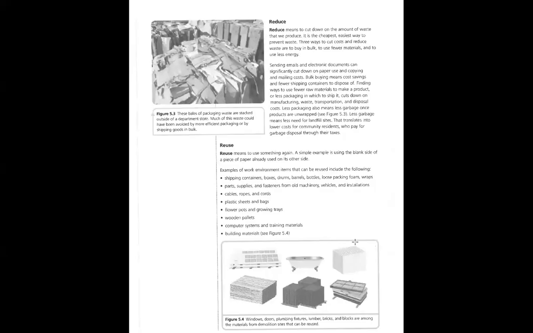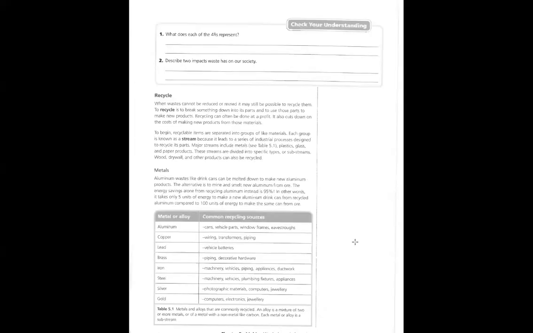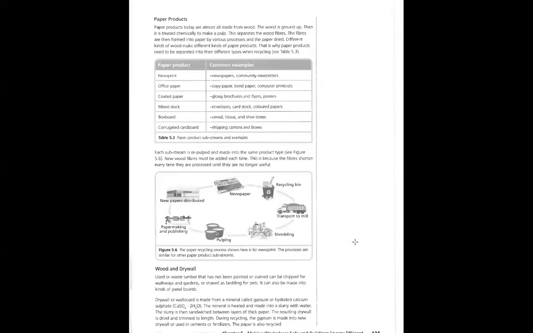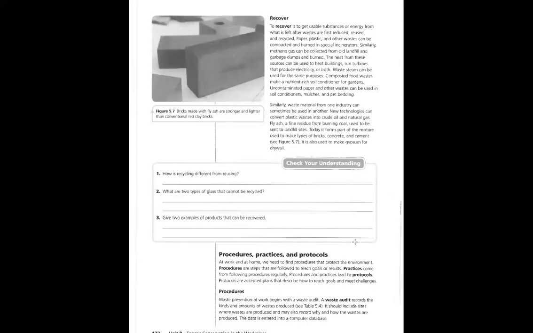You should be able to give me examples of each one, what you could do to reuse, what you could do to recycle. We could talk about what types of things can be recycled, what types of things can't be recycled. Could talk about what things we can recycle at home and at work, what we can recover from materials before putting them in the dump.